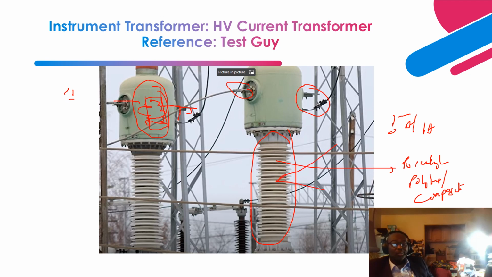I also explained to you how they are able to achieve this zigzag. This zigzag is basically to increase the creepage distance for leakage current, to prevent flashover due to high contamination in the environment where this substation is located.